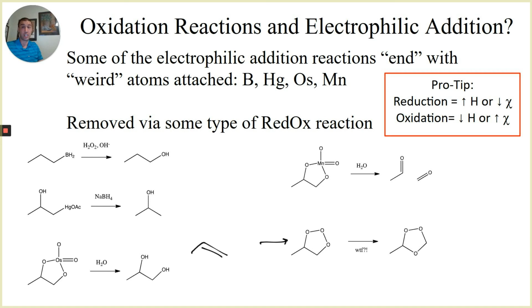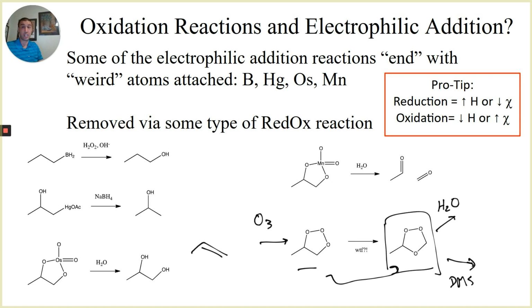So what's happening here is we're again starting with that propene, and all we're doing is adding O3. This goes through, forms all sorts of weird stuff. This is technically our stable intermediate that then follows out, if you remember from our spider diagrams, either with just H2O or with DMS. What does that ultimately end up doing?